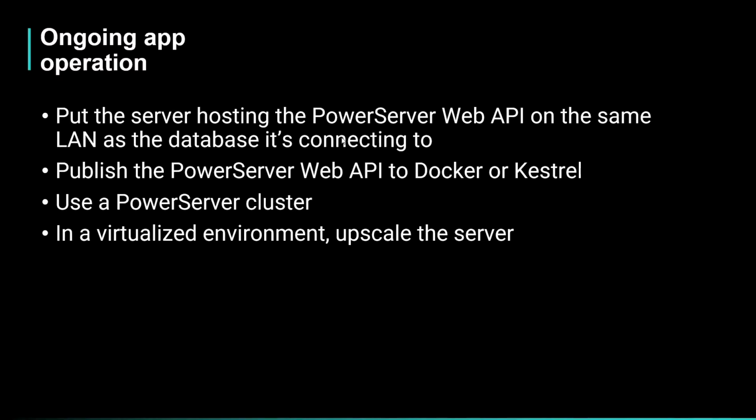So this is pretty much that same statement. Try to get the PowerServer C# code running on the same LAN as the database, because if you have to go outside the LAN, then those database interaction calls are going to take a performance hit.